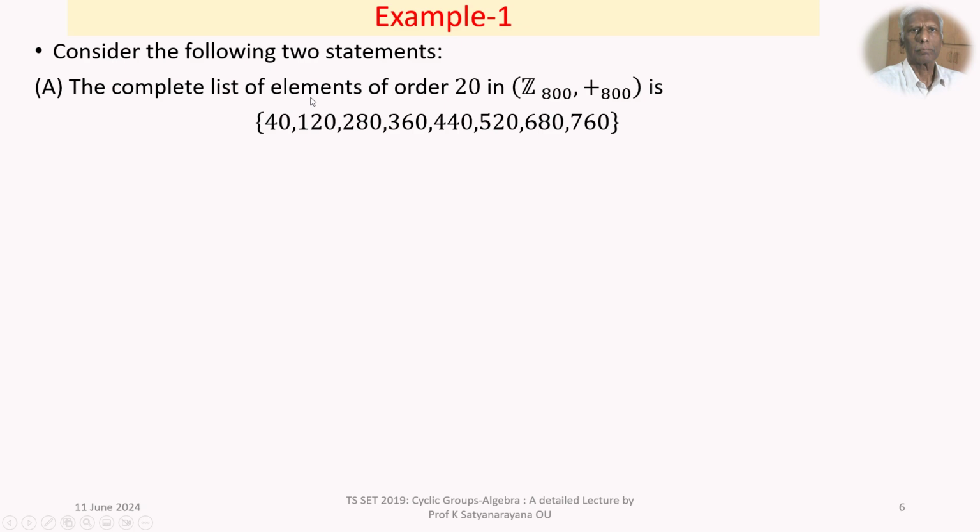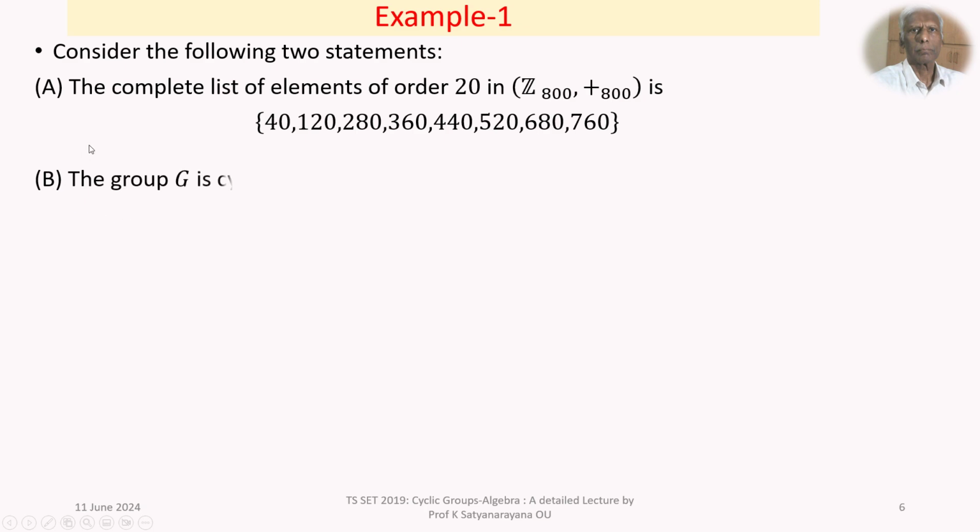We are talking about the complete list, that is, the list of all elements of order 20 in this group Z800 under addition modulo 800.